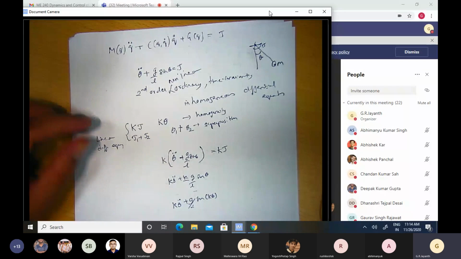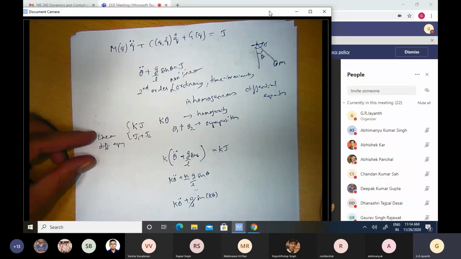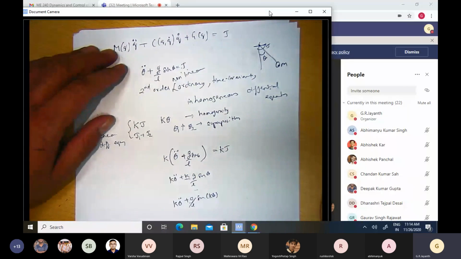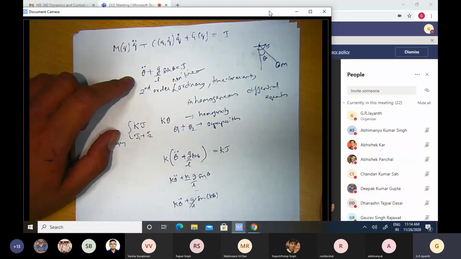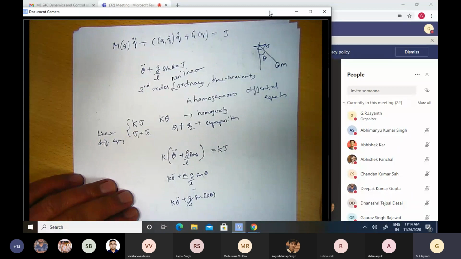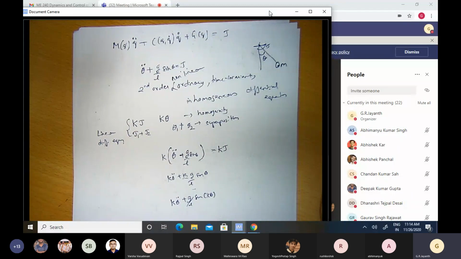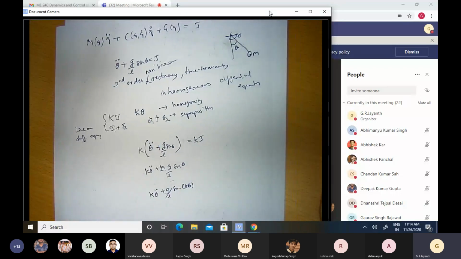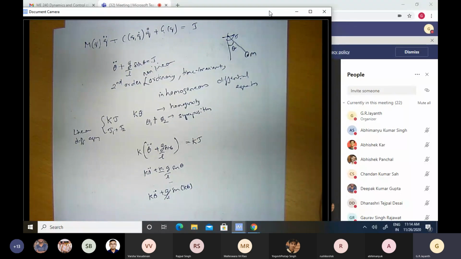But the formal definition for a linear differential equation is based on homogeneity and superposition, and that also we can see by inspection. Even for this very simple case of a pendulum, it is not satisfied. So it is not a linear time invariant differential equation. Now it turns out that you don't have closed form solutions, or in other words, you cannot write out directly the expression for q of t for a nonlinear differential equation.